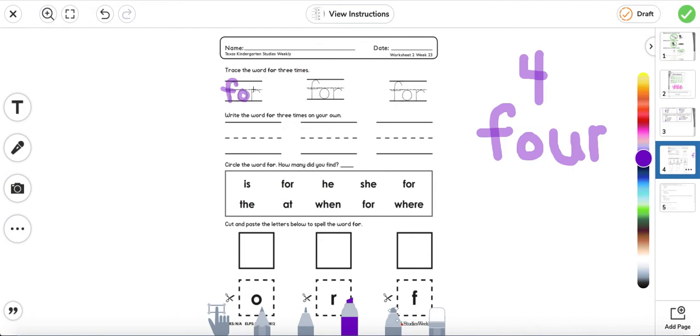The O-R next to each other make the OR sound. For example, like orbit. So here we have another for, F-O-R. For. Can you say for?